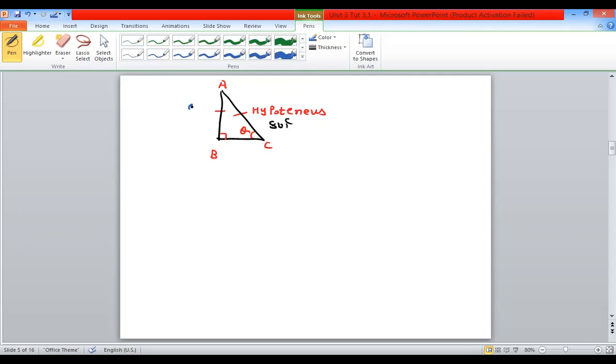It's called the opposite side of the angle. Opposite means the side facing theta. And this side BC is known as the adjacent side, meaning the side next to it. This one is opposite to theta, so it is the opposite side. This one is close to theta, so we will call it the adjacent side. This is the opposite side, and this is the adjacent side, meaning the side next to it.